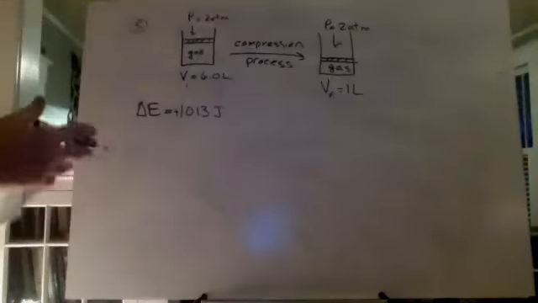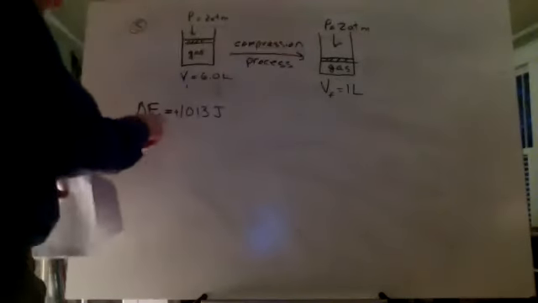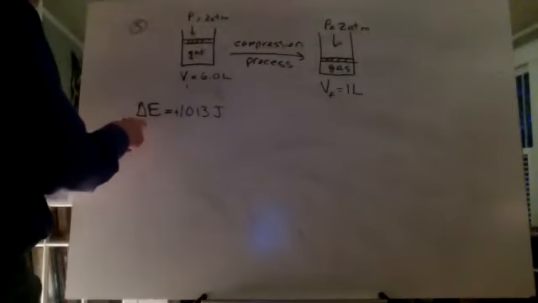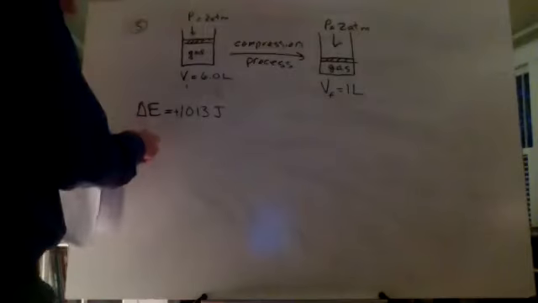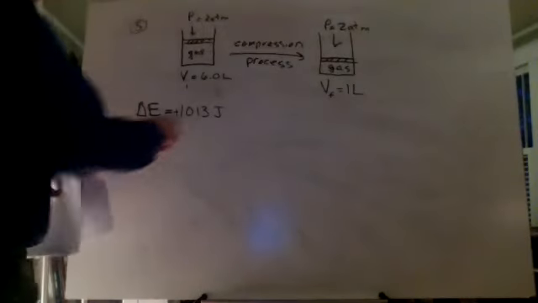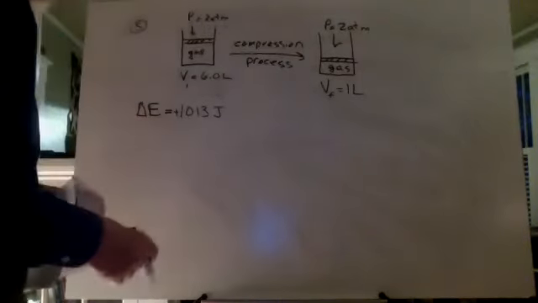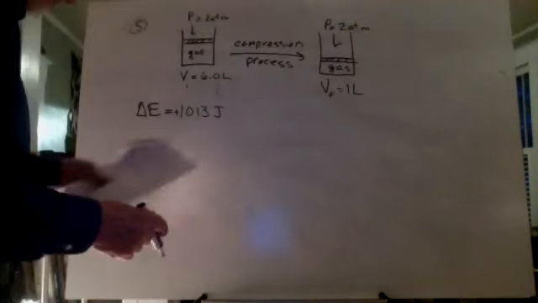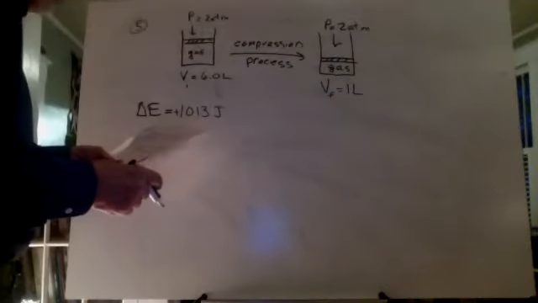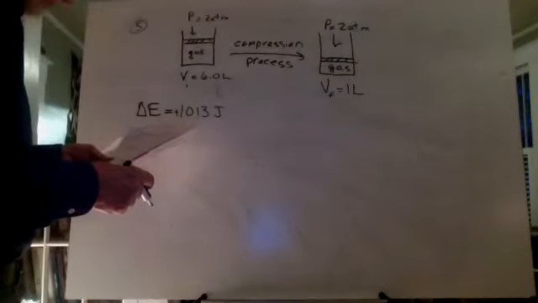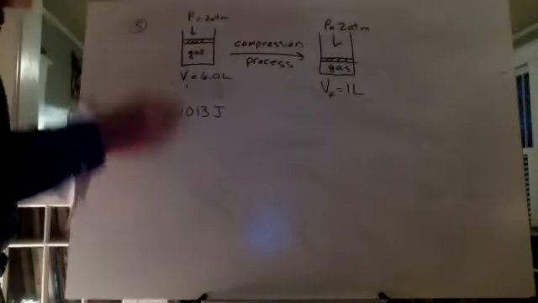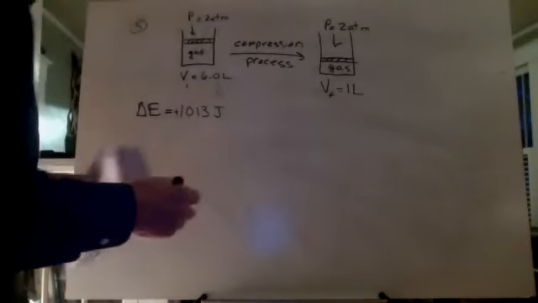So that means the energy of the gas increased as we compressed it, because remember, delta E is the final energy minus the initial energy. And so the energy of the system is increased by 1,013 joules. But what we want to know is what is Q and W? What is the heat flow and work flow for that process?